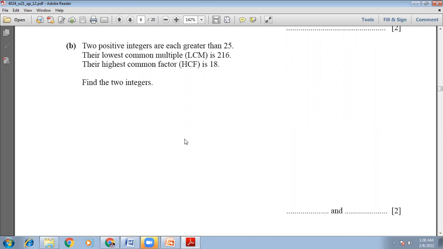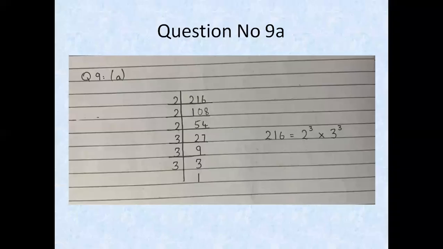In the HCF, we take only those factors which are common in both of the numbers. And we always write the common ones with their smaller power. Let me show you my solution.